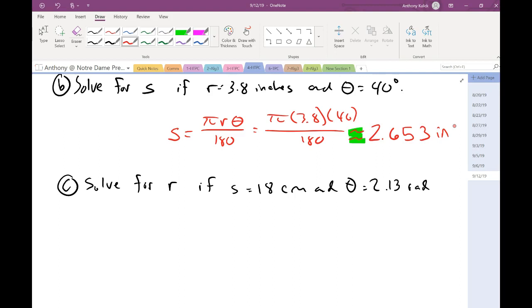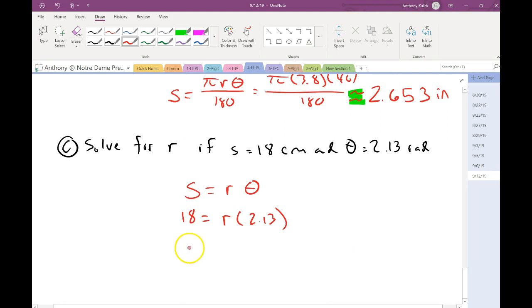What formula should I use for this? The first one. Very good. S is equal to R theta, because we know S and we know theta.